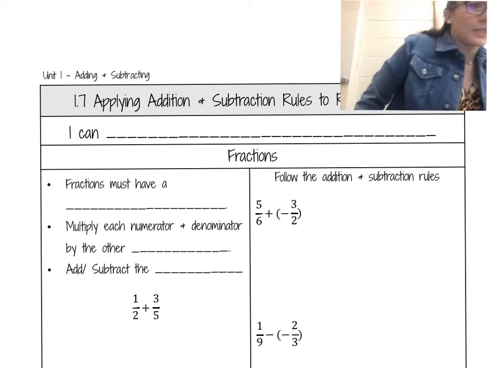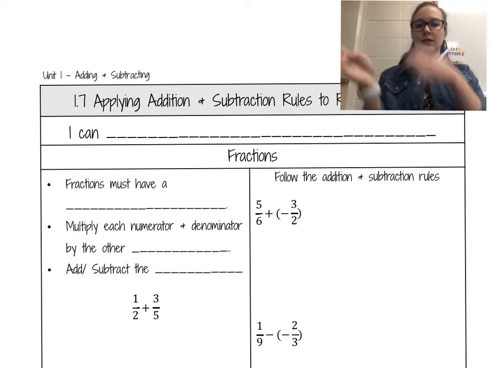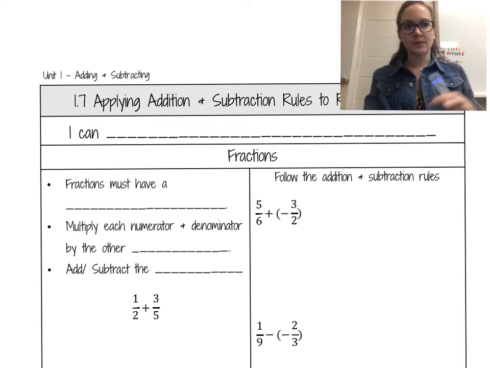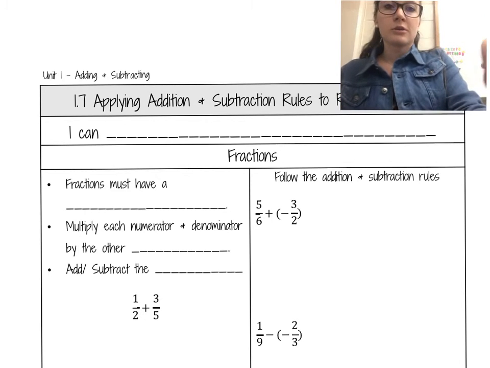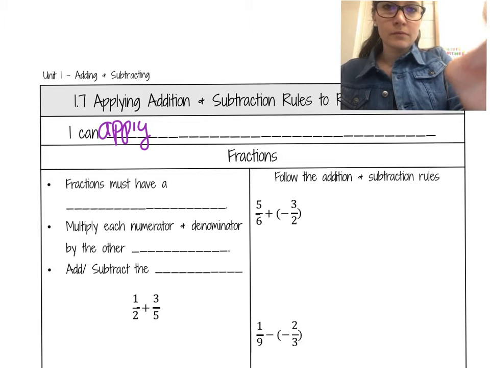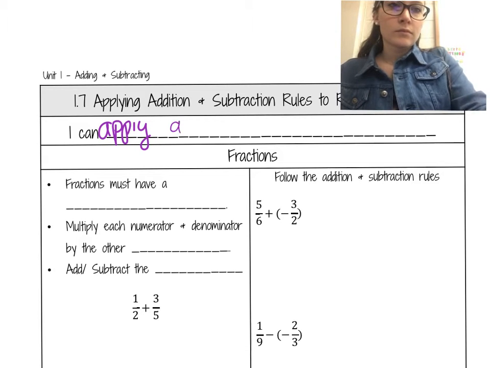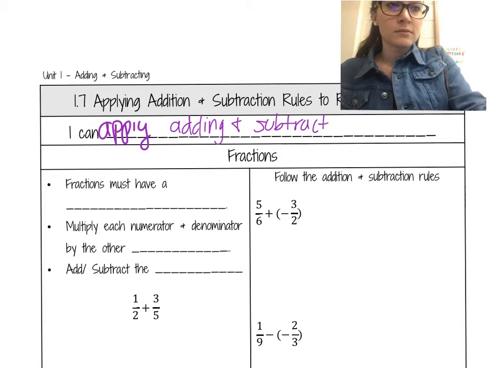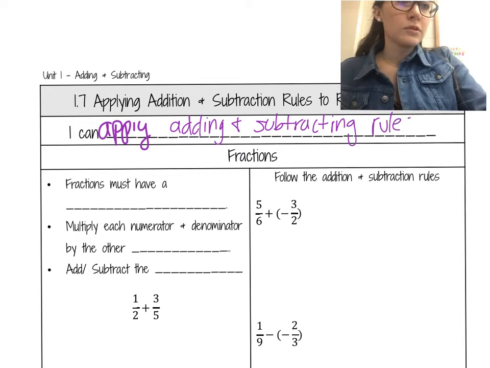So all we are doing today is we're going to take those same rules and apply it to what we know about adding and subtracting rational numbers. So I can apply adding and subtracting rules to, I ran out of space, rational numbers.